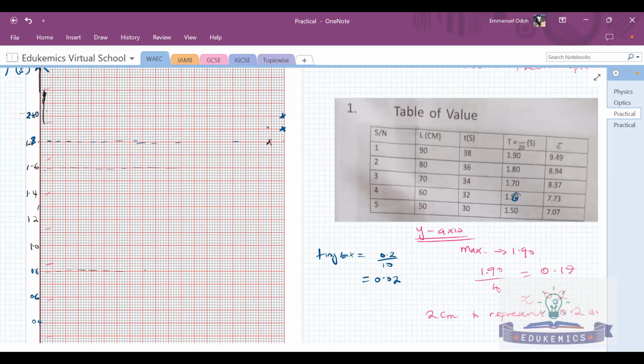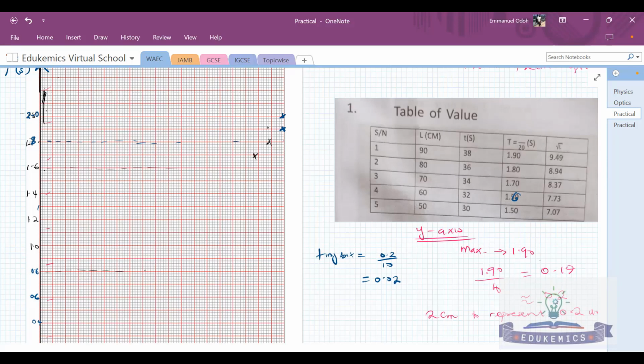Then we have 1.7, 8.37. This is 9. This is 8, 8.37. This is 1, 2, 3. Let me say almost here. Then we go to 1.6, 7.73. This is 8.